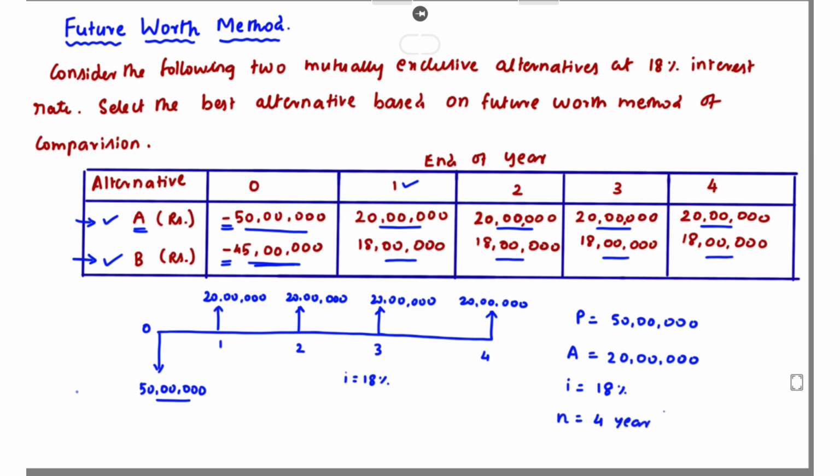Now we can calculate the future worth amount of alternate A, that is FW of alternate A at I percent. The formula is minus P into F by P, converting the present value into future value at the rate of 18 percent for 4 years.